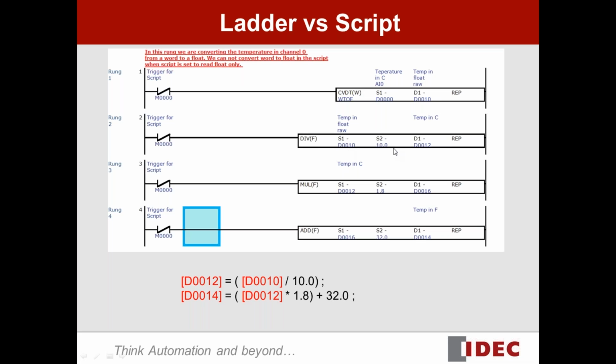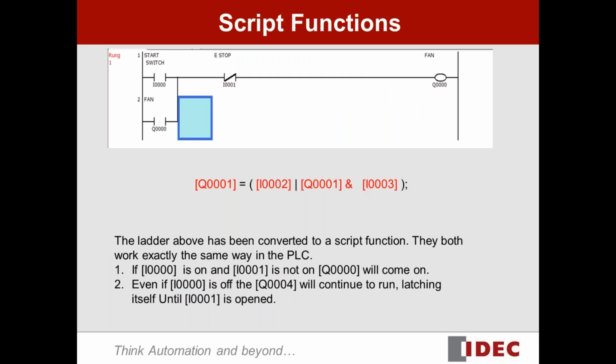You're taking D10, dividing it by 10, putting it in D12, taking D12, multiplying by 1.8, putting it in D16, taking D16, adding 32 to it, and putting it in D14. I can do all that in just these 2 lines right here in script. So you can see how it can save you time and space in your program.